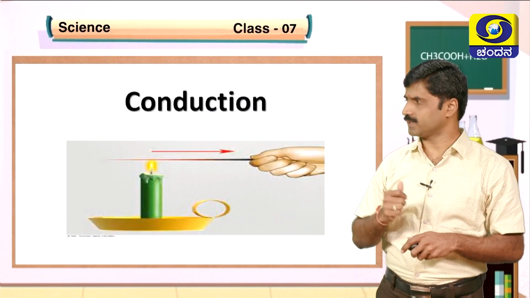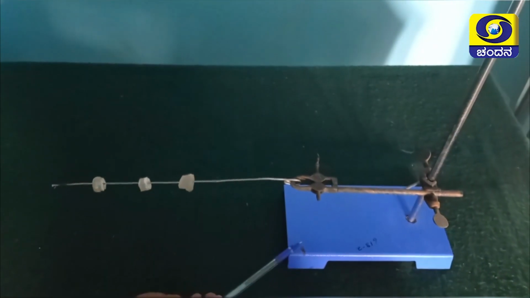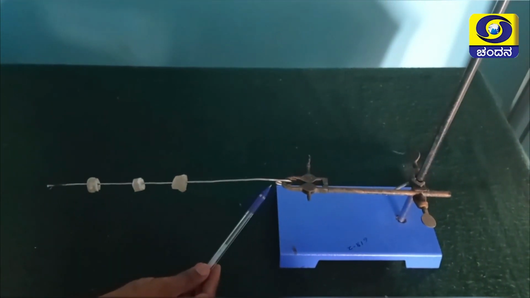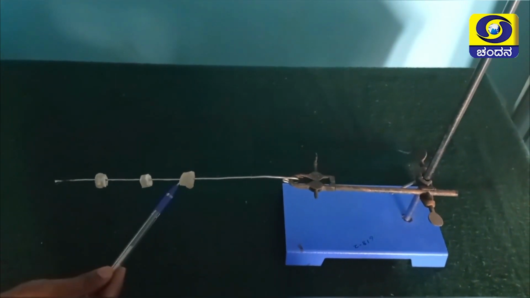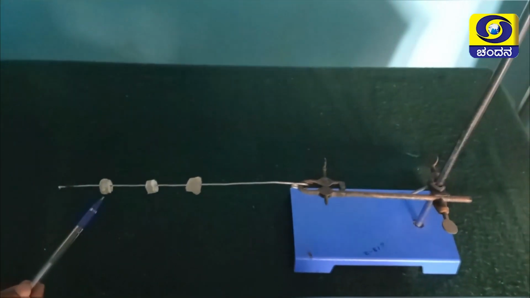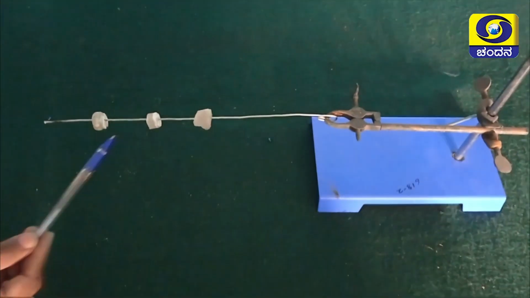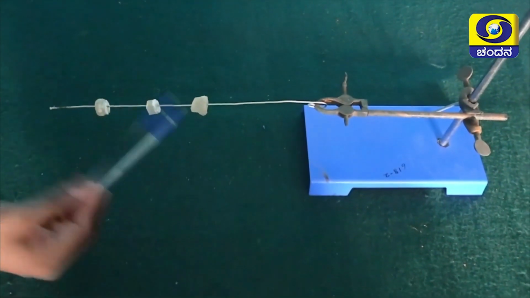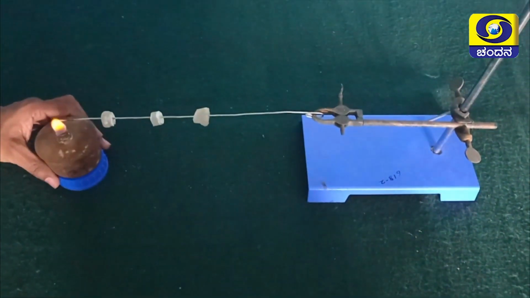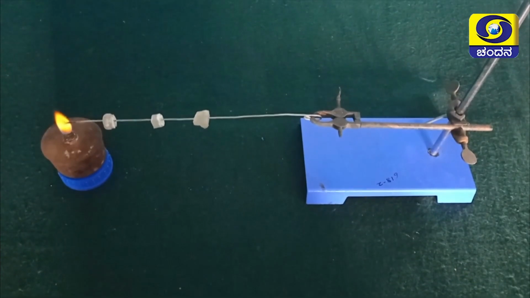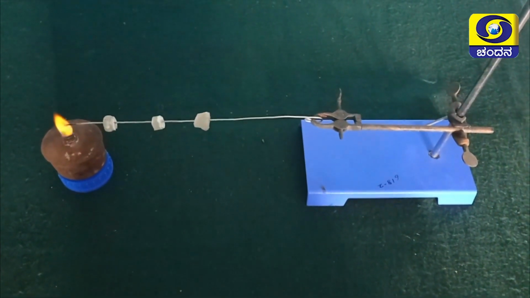For this, let us watch a video. Here I have taken a stand and an aluminum wire. 3 wax pieces are set. I call these the first, second and third wax piece. Now I am going to light up a lamp.